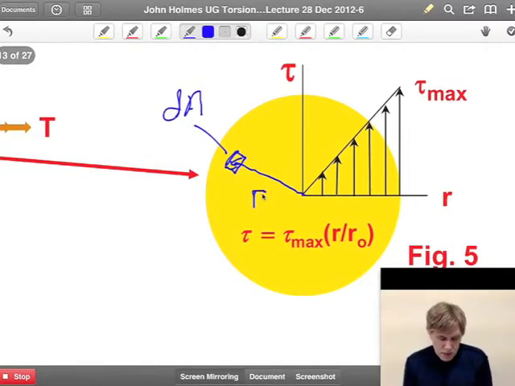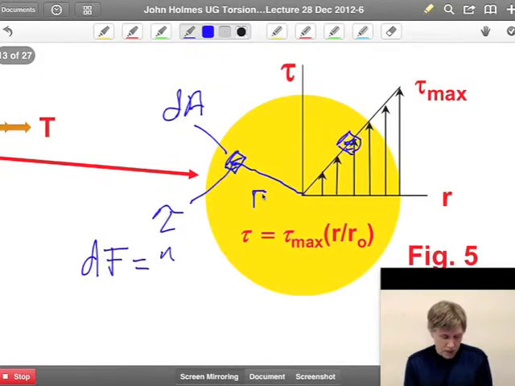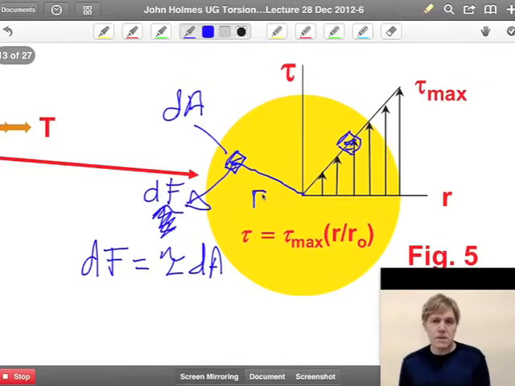Now remember that I've got the shear stress distribution here on any material element that I might choose, and so there's shear stress, tau, that also acts on this element. If I were to calculate a differential force, that would be dF is tau multiplied by the area dA.